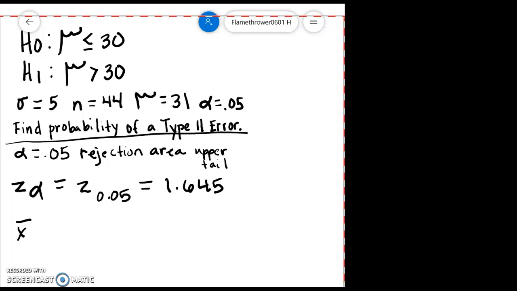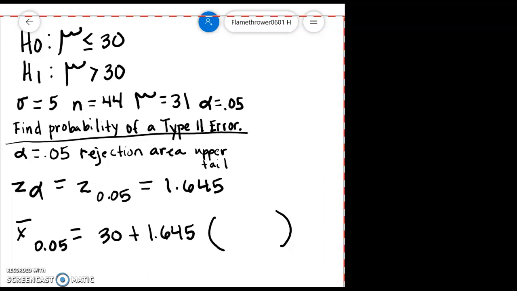So now we can figure out what our critical mean is. And we do that by using the following. We say the hypothesis mean, which is 30, plus our critical value, which is 1.645, times our population standard deviation.